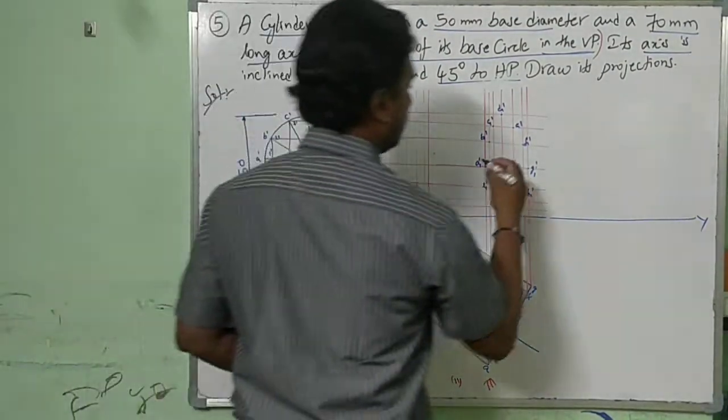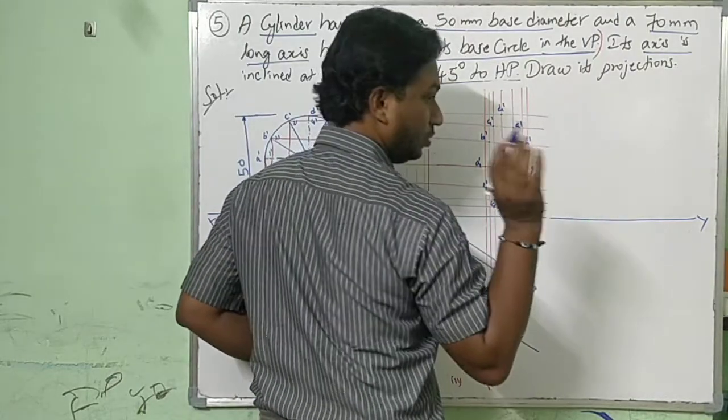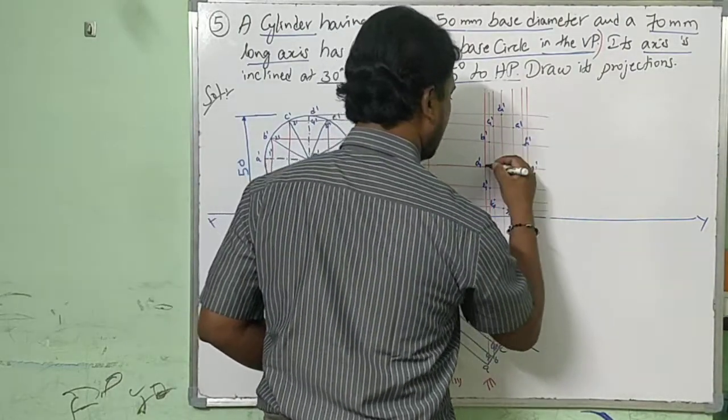The elliptical shape I can draw smooth, no compass, just with the help of freehand.